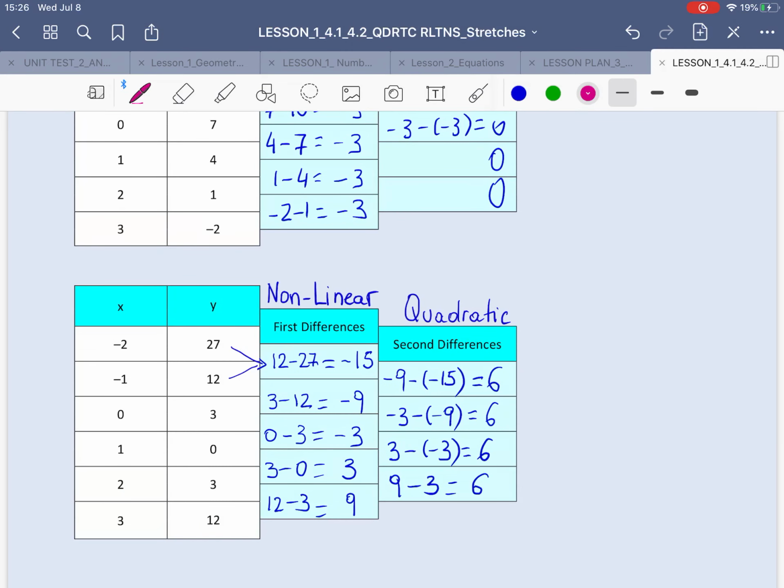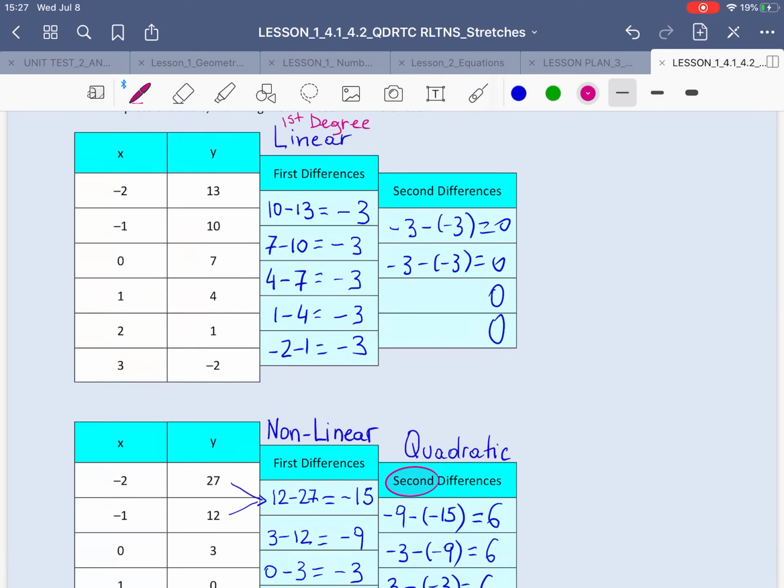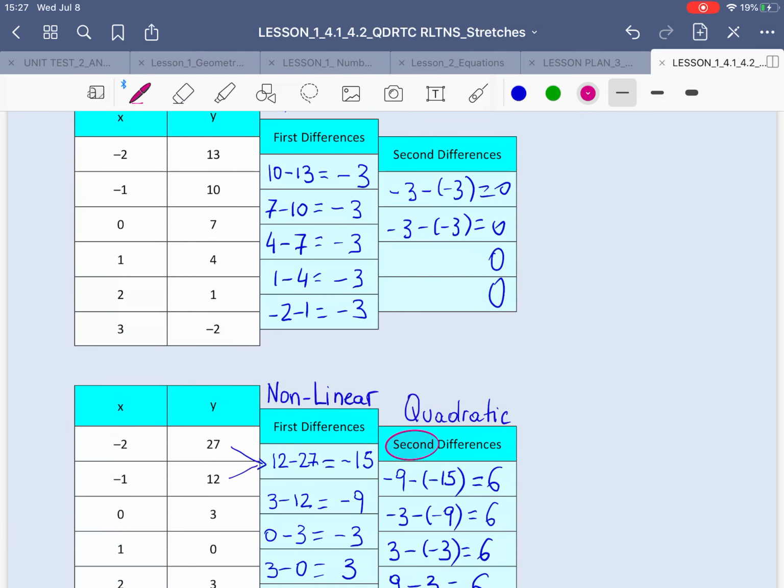When the second differences are constant, then we say that the relation is of second degree. So constant second differences are typical for second degree relations. Okay?